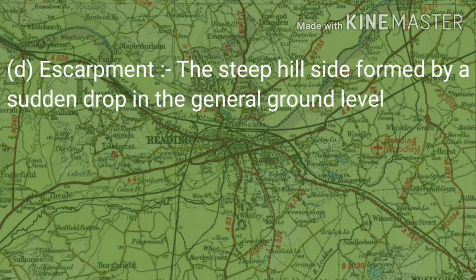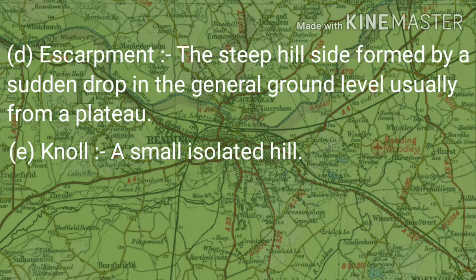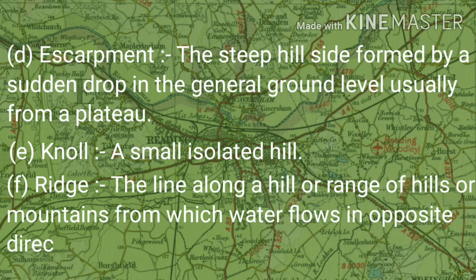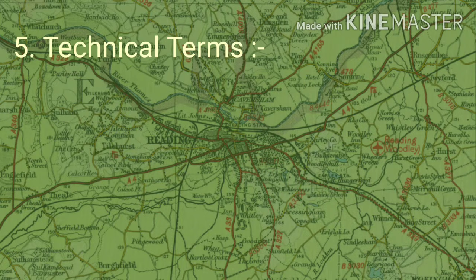Then escarpment, the steep hillside formed by a sudden drop in the general ground level, usually from a plateau. Then knoll, a small isolated hill. Last one, ridge, the line along a hill or range of hills or mountains from which water flows in opposite direction. അടുത്തത് ചില ടെക്നിക്കൽ ടേംസുകൾ നോക്കാം.